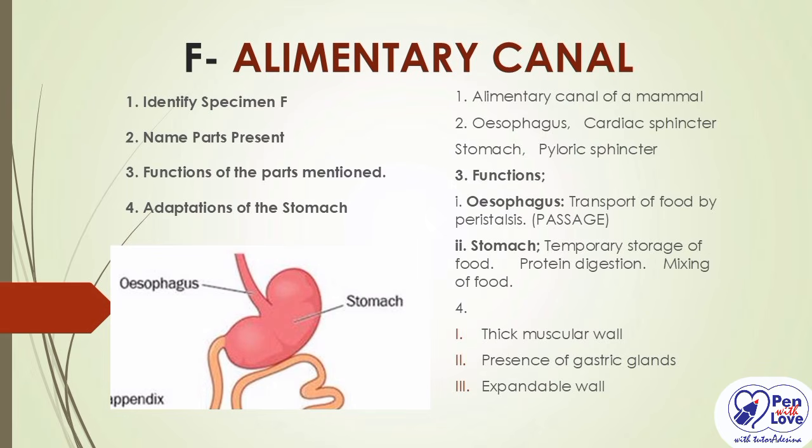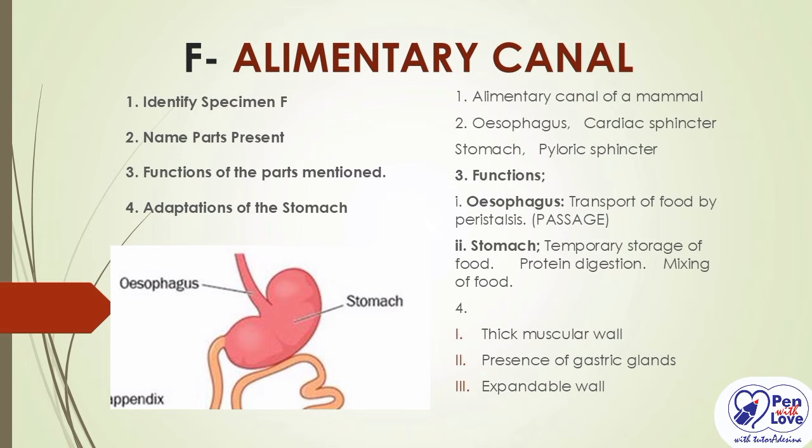And we also have the pyloric sphincter. It also holds the food tight, so that it stays in the stomach for some hours, so that it is fermented and digested to some extent, mixed with hydrochloric acid and some other things inside the stomach.